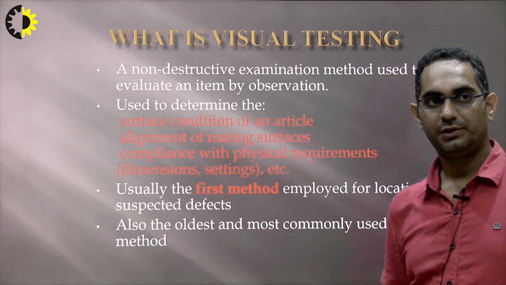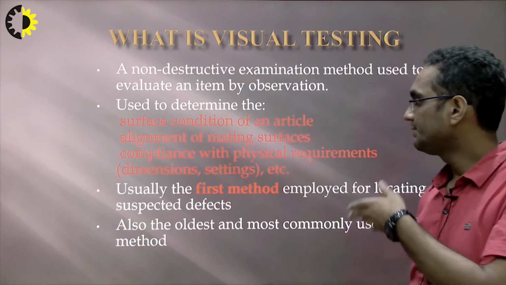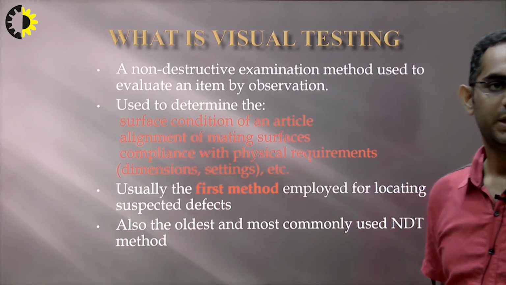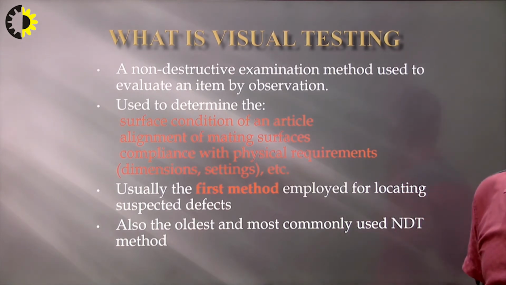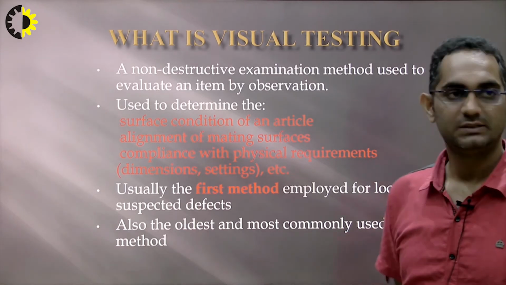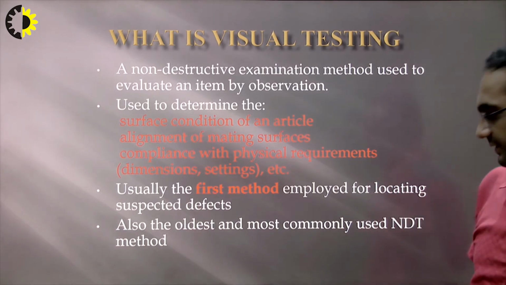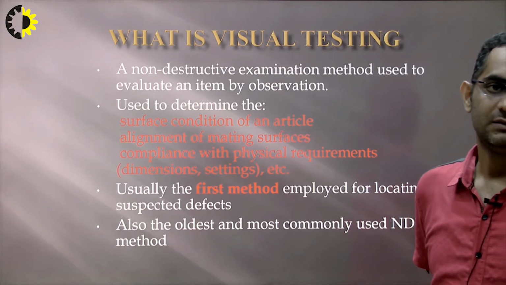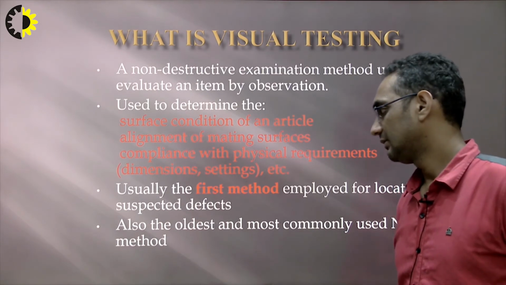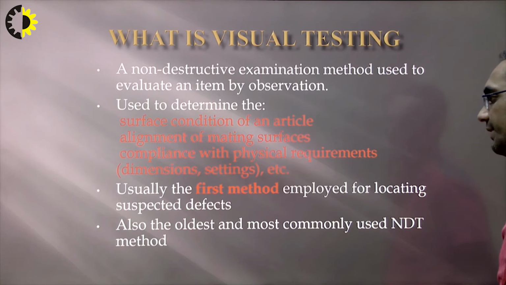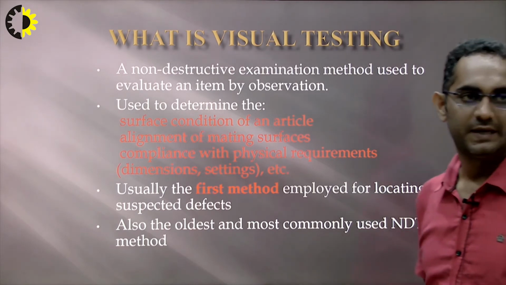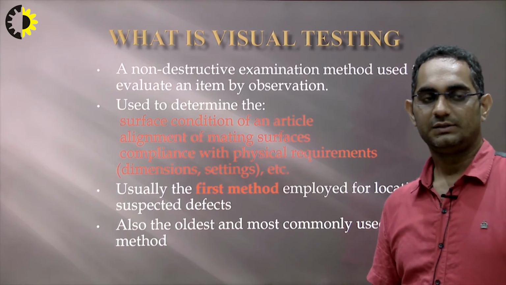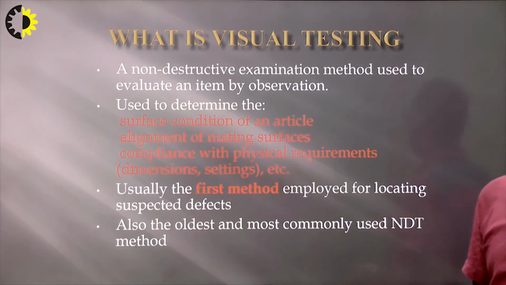It is used to determine the surface condition of an article, alignment of mating surfaces, compliance with physical requirements, dimensions, settings, etc. It is usually the first method employed for locating suspected defects, and it is also the oldest and most commonly used NDT method.